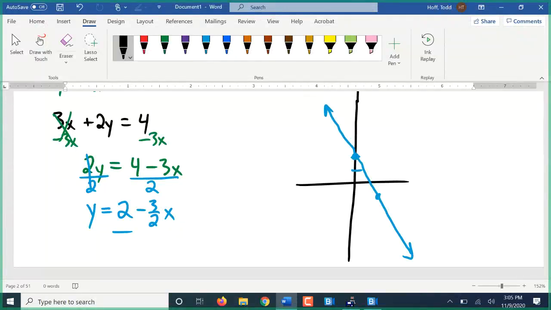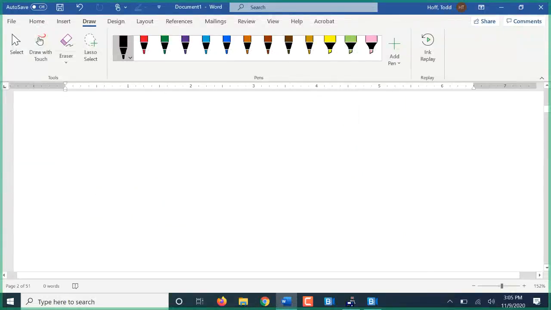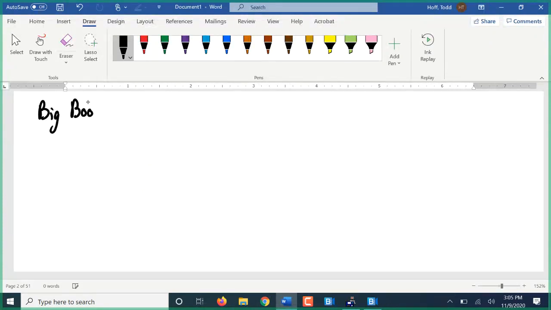For right now, I think you've looked at enough. Let's give you guys some homework to see what you can do as far as graphing. So in the big book, we're going to start out page 464 through 465, Exercise 16.2.